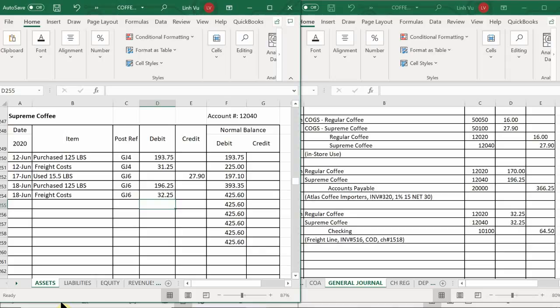So therefore, I should have a total of $425.60 in my supreme coffee.